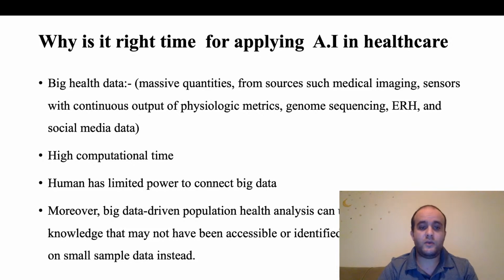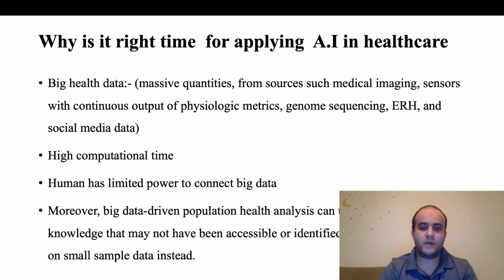The second thing, we have the computational power. The computational power with GPUs and computers nowadays is becoming very powerful, and we can analyze a lot of data that was never possible before. The third is, as we mentioned before, that humans have limited power.